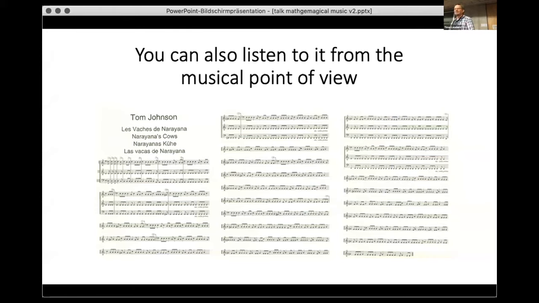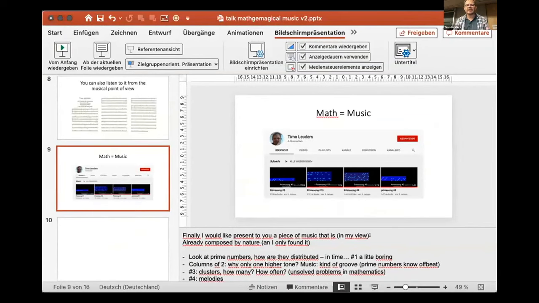and I've promised you not to exhaust you. And therefore, as a last piece, the last demonstration of the connection between mathematics and music, I present you a piece of music that I composed. Sorry, I didn't compose it, but just as Tom Johnson says, I found it.